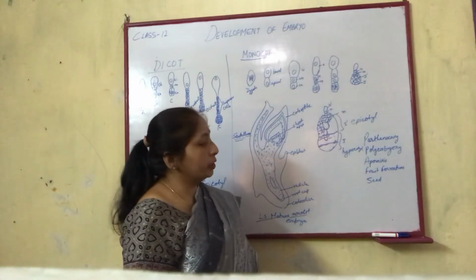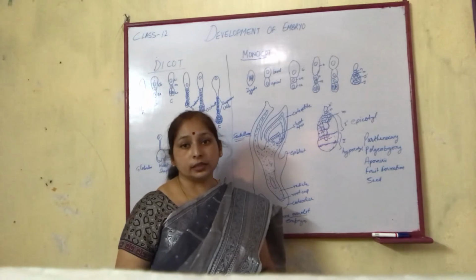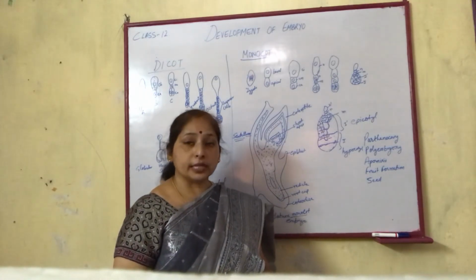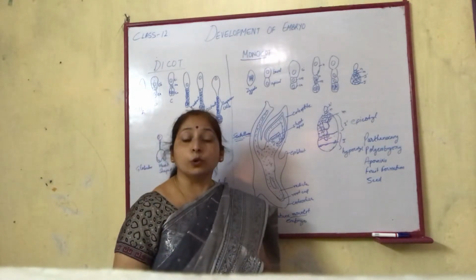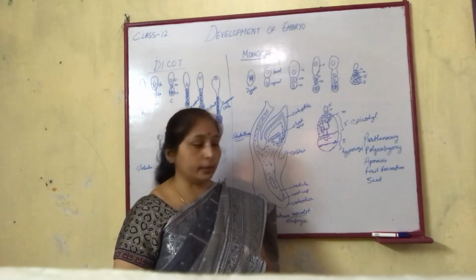And polyembryony: in most cases there is one embryo inside the seed, but when there is more than one embryo in a seed, the condition is termed as polyembryony.